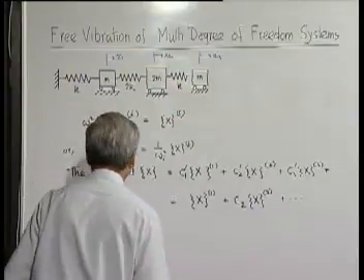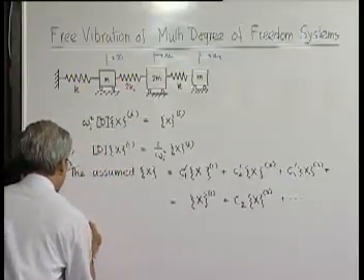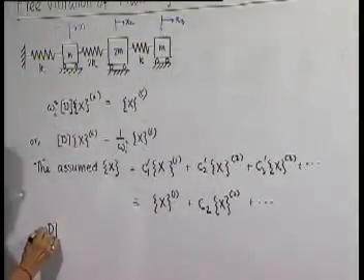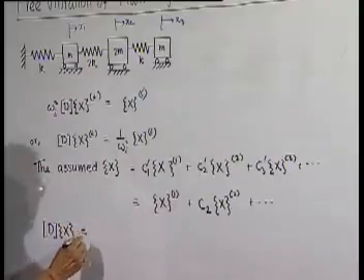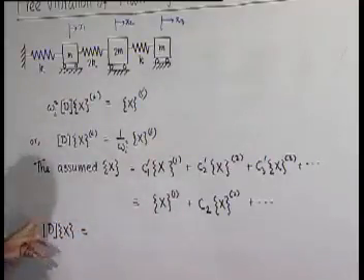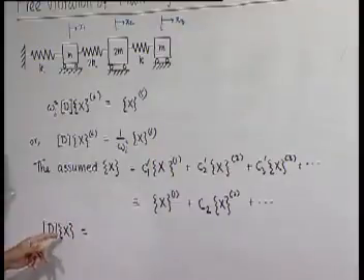Fine. So now, if I apply this D into x, that means when I pre-multiply x by D, what does it mean?